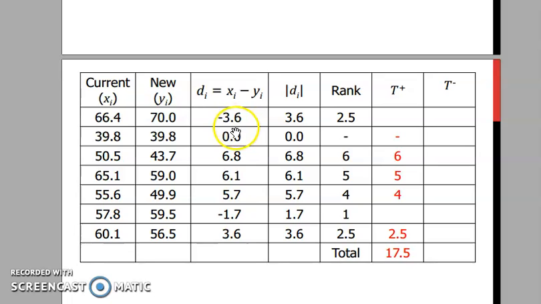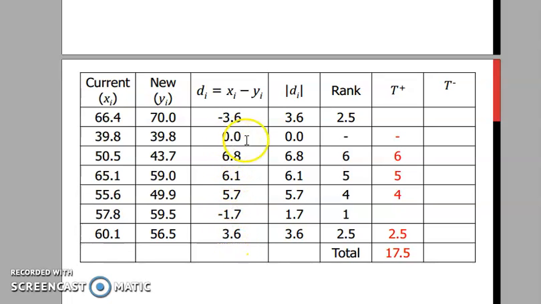Going back to DI, this is the list of the differences. One of the observations has a difference of 0. The total sample is 7. Since one is equal to 0 and the others are not, our N here will be 6.